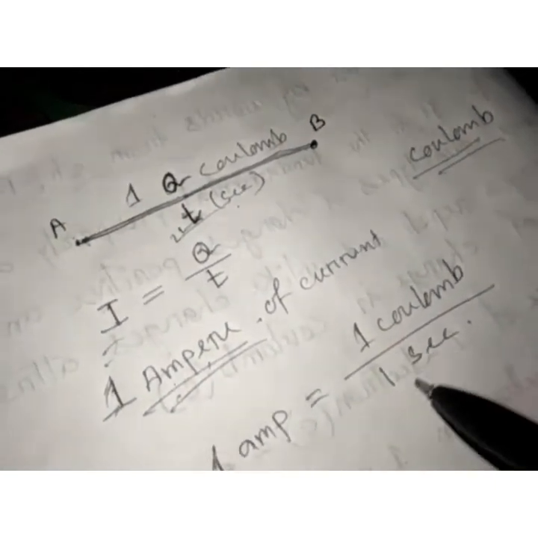Understood? 1 ampere means 1 coulomb per 1 second. That means when 1 coulomb of charge is passing through a conductor in 1 second of time, this is called 1 ampere of current.